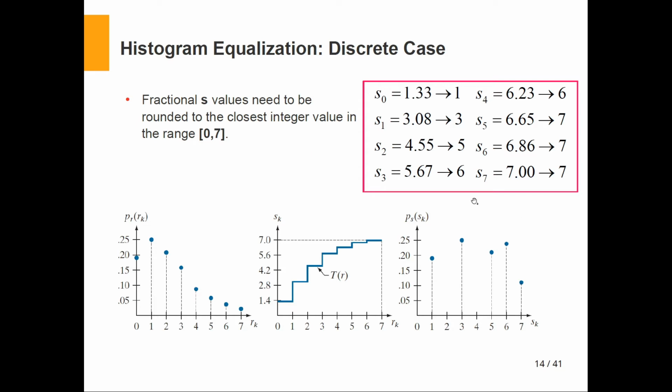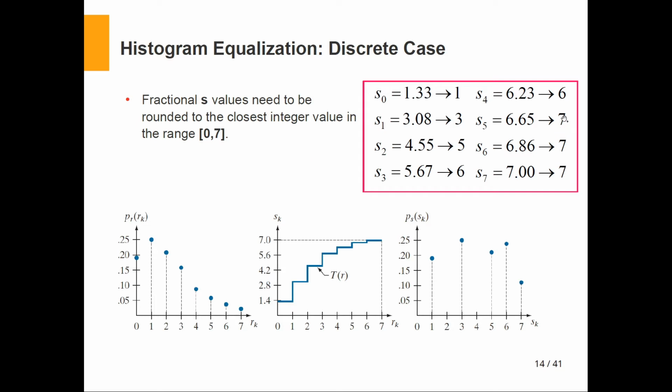And you will see the effect when we were doing the rounding operation as well, that because of the rounding, there were several intensity values that are mapped to a single intensity. So for example, we have 5.67, which is mapped to 6, but also we have 6.23, which is also mapped to 6.